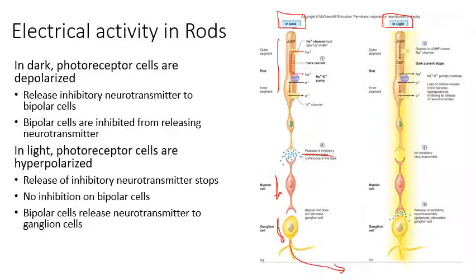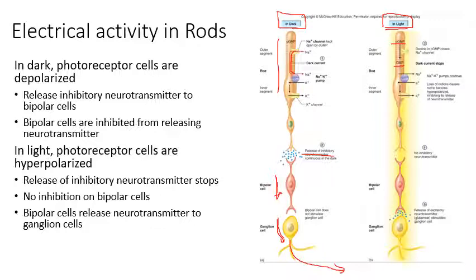Now in light, we hit rhodopsin, we go from cis to all trans configuration for retinol, and we turn on phosphodiesterase, and phosphodiesterase converts cyclic GMP to GMP.